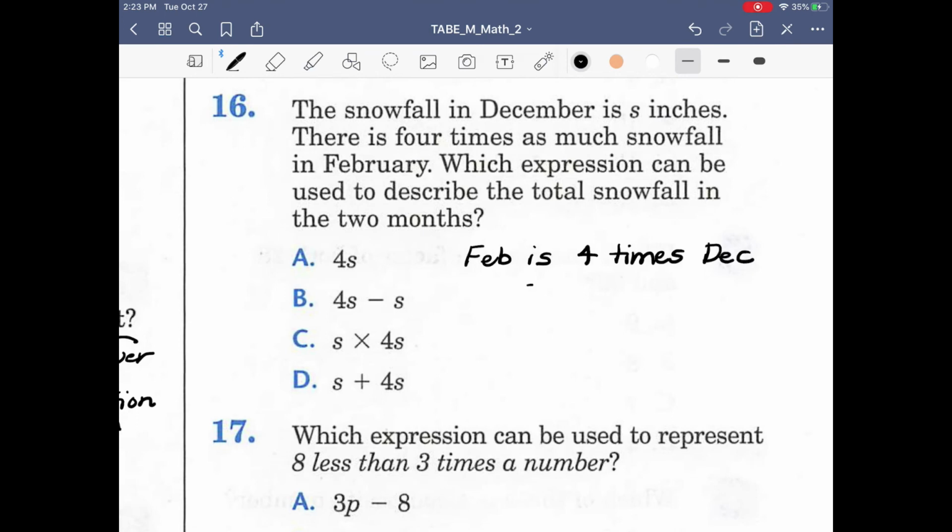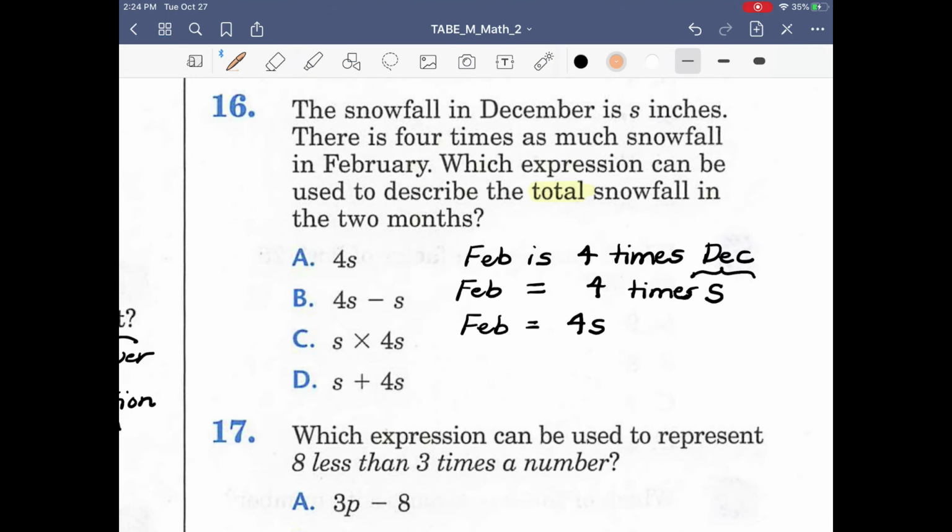So we have an equal sign. We know that December is supposed to be the letter S. So 4 times S, that is 4S. So February alone is 4 S's. But then they want to know the total snowfall for the 2 months.